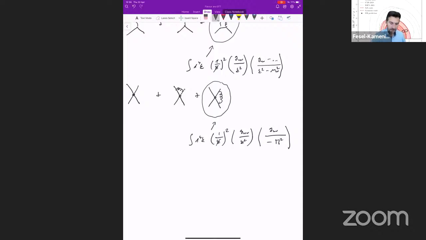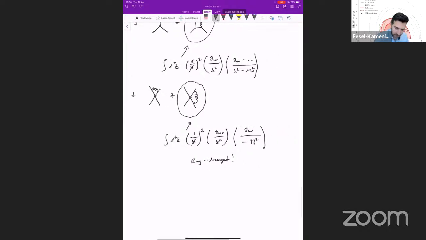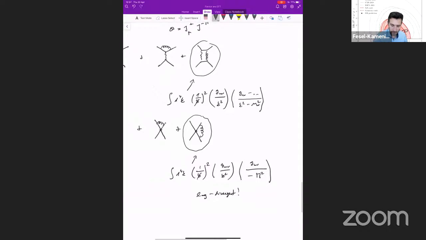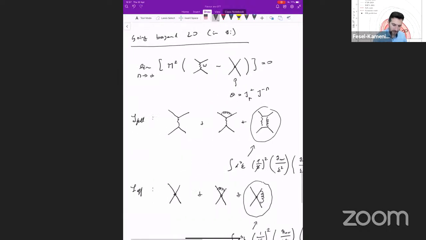Now this integral is no longer convergent, but is log divergent. So it cannot be that these two diagrams in the full and the effective theory are directly related. We cannot compare them. We cannot write such a limit as we've written out for the tree level diagrams.